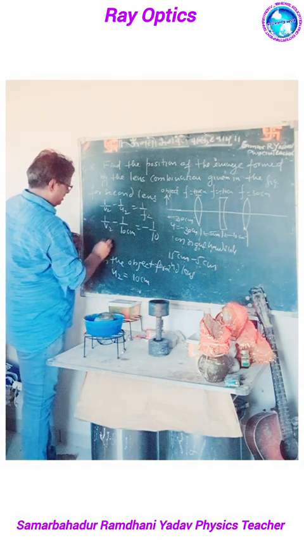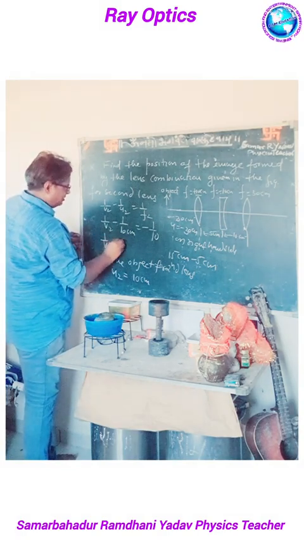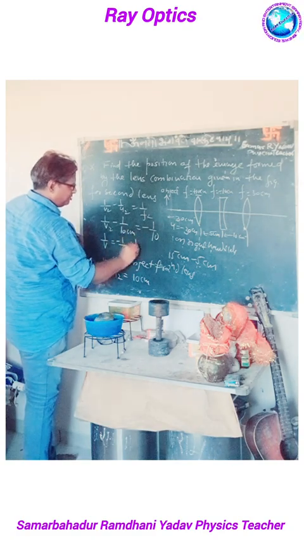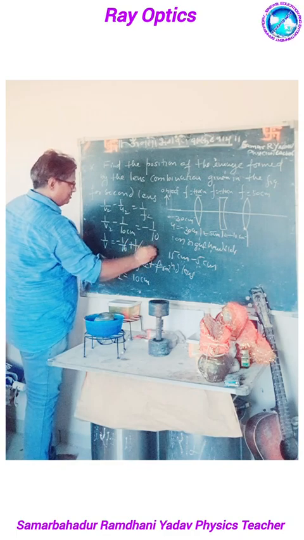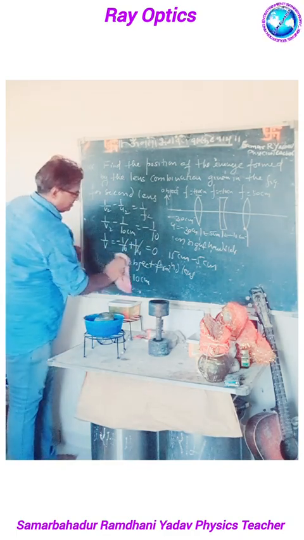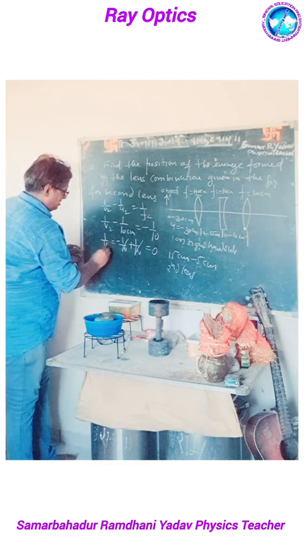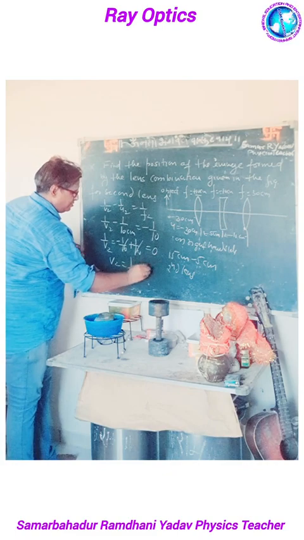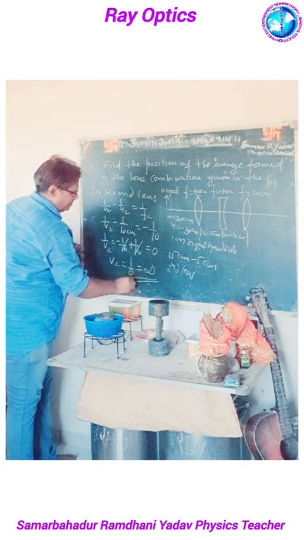Now you can write 1 upon v2 is equal to minus 1 upon 10 plus 1 upon 10, they cancel, is equal to 0. Therefore v2 is equal to 1 upon 0 is equal to infinity.